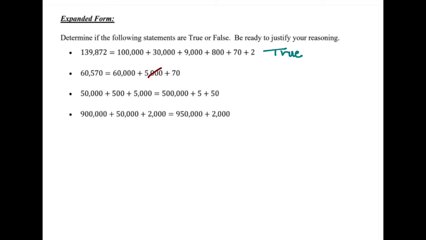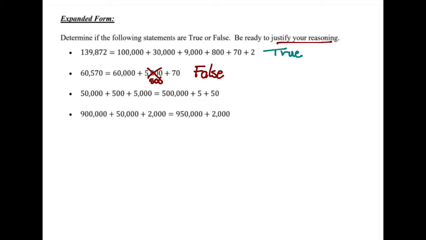Okay, so this part right here should be 500 instead. And you don't have to fix it, but you do have to justify. Okay, so me changing it like that is justification. So it's false. So you could justify it by saying they counted the 5 in the thousands place instead of the hundreds place or something like that. Okay?